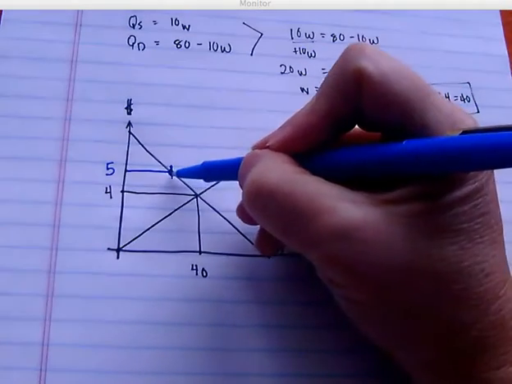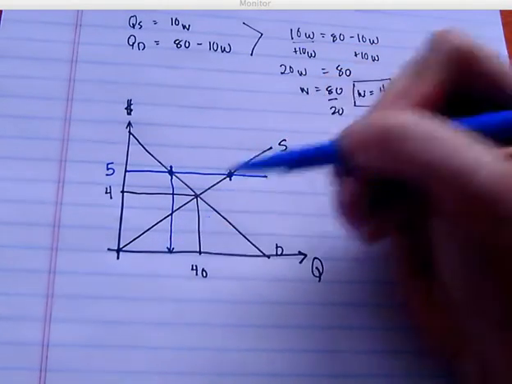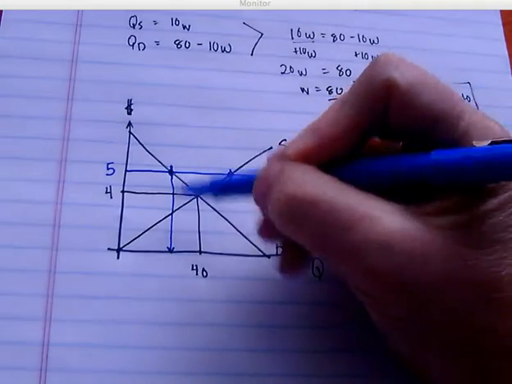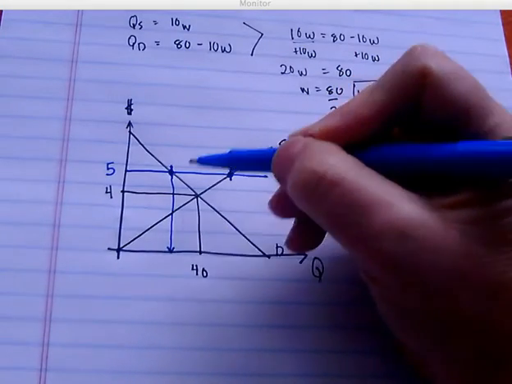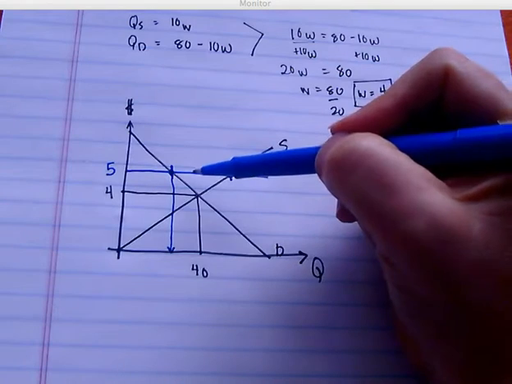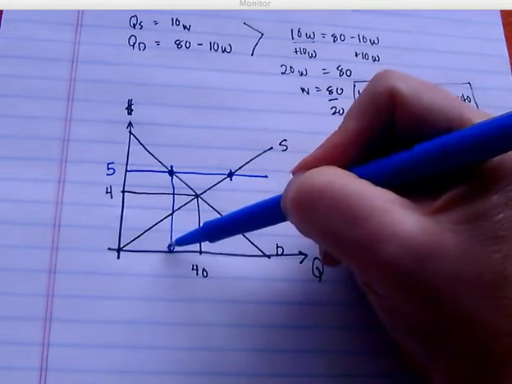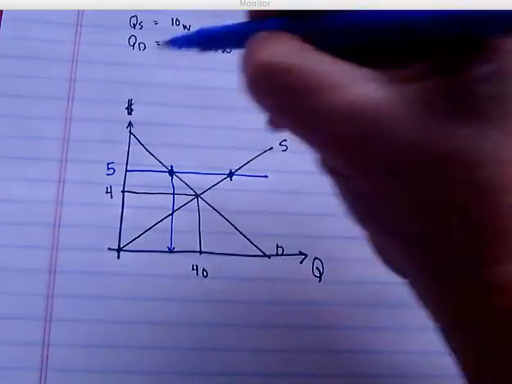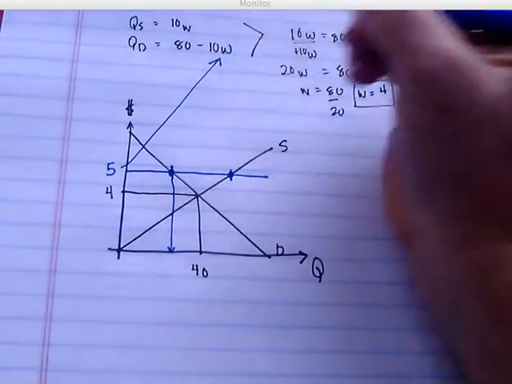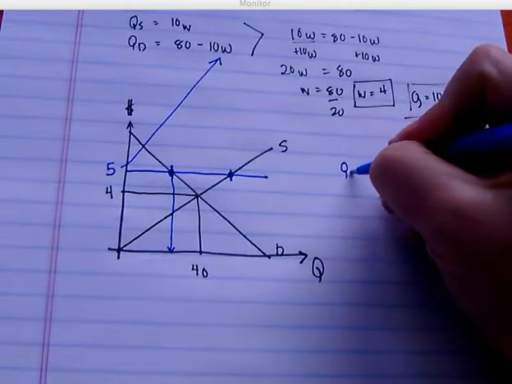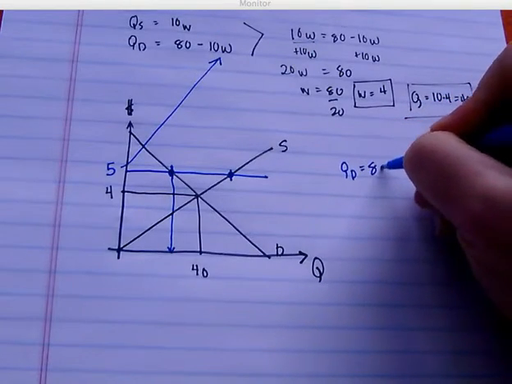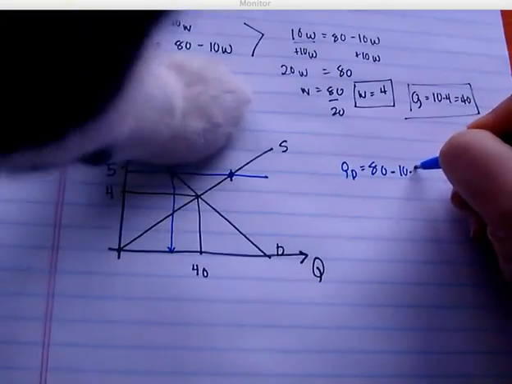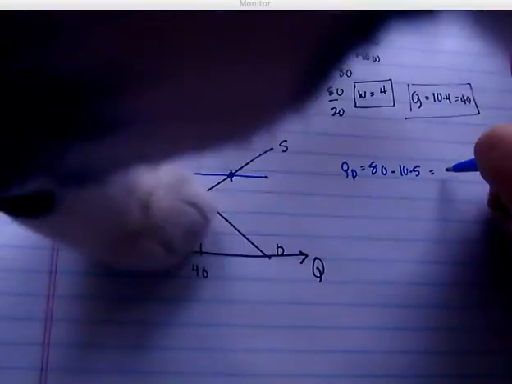And so what we're going to have is a quantity that's going to be demanded at this higher price. So if the price is $5, demand is the lower of the two, and that determines how much is going to be sold. So we just take $5 and we plug it into the demand curve. So the quantity demanded at $5 is 80 minus 10 times 5, or 30.